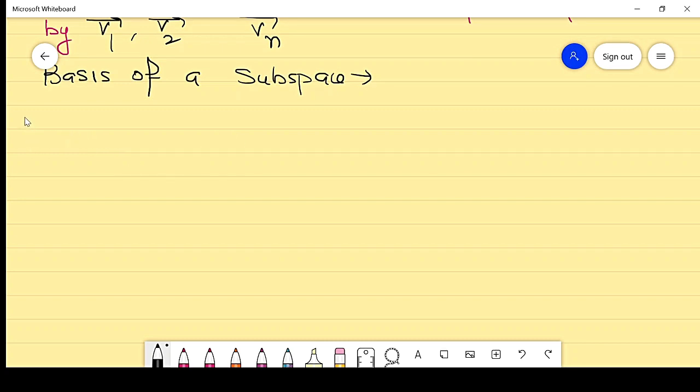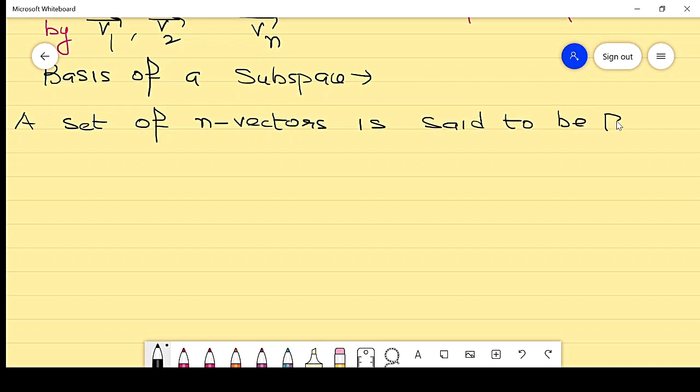So what is the definition? A set of n vectors is said to be a basis if it satisfies two conditions.